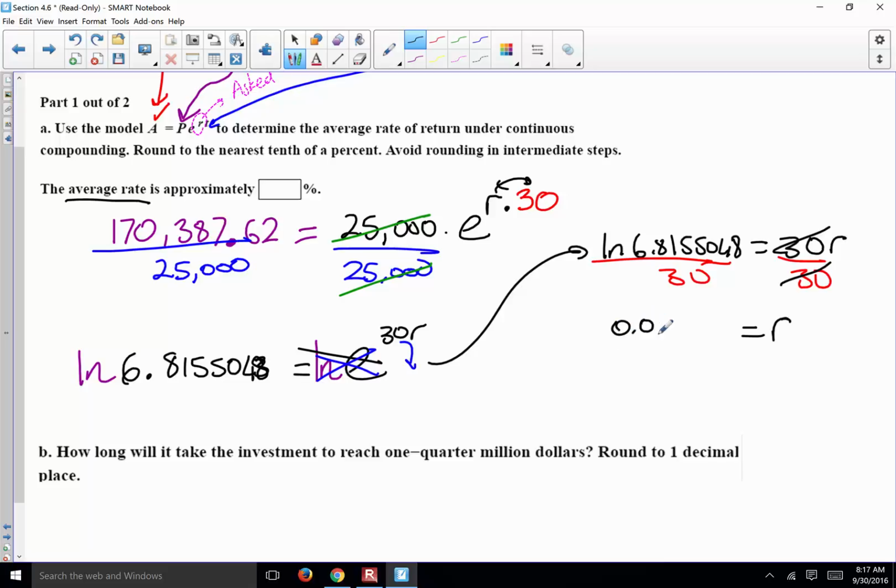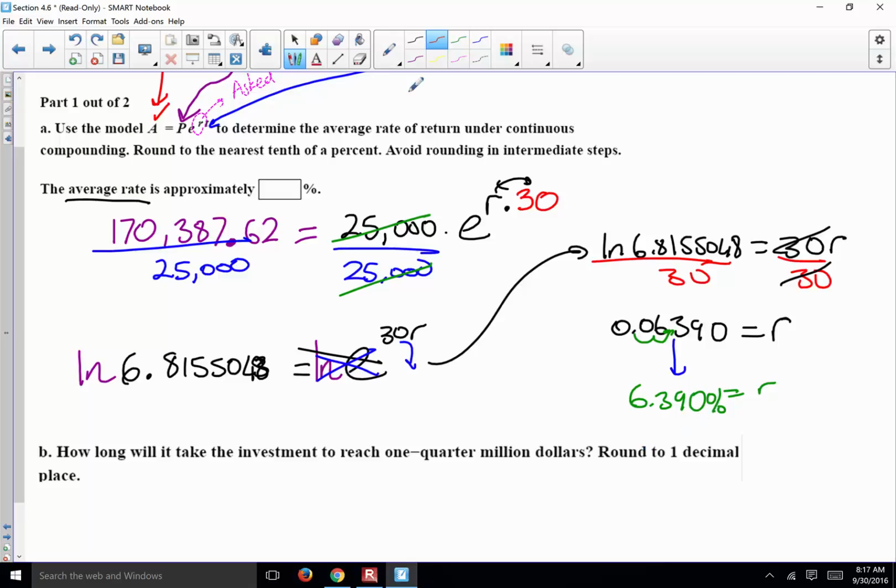0.06397. Okay, that's fine, because we want to first change this into percent. So what is this in percentage? Just move this 2 units to the right. It's 6.397%.